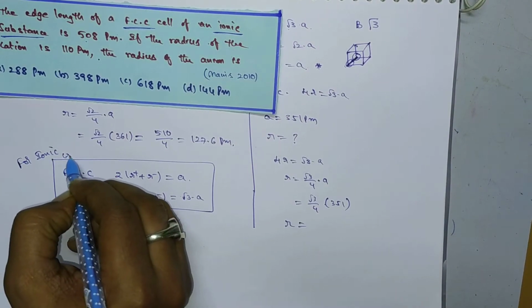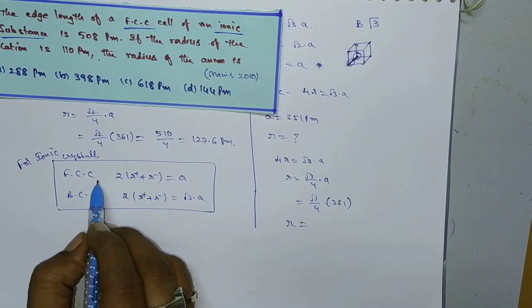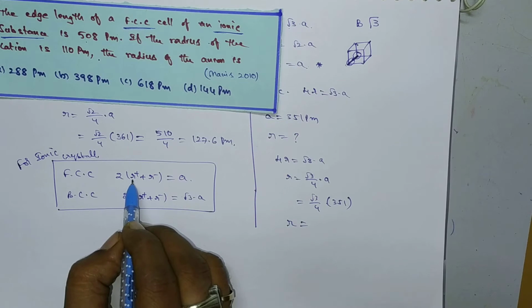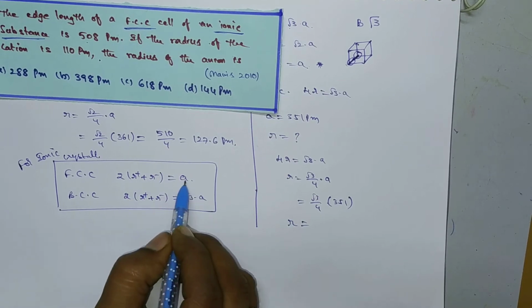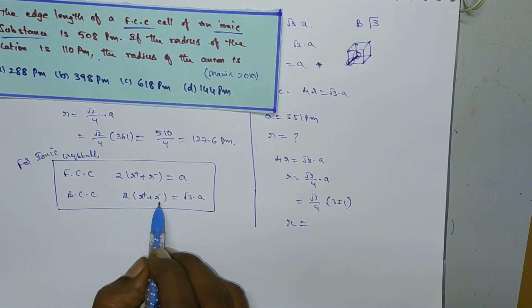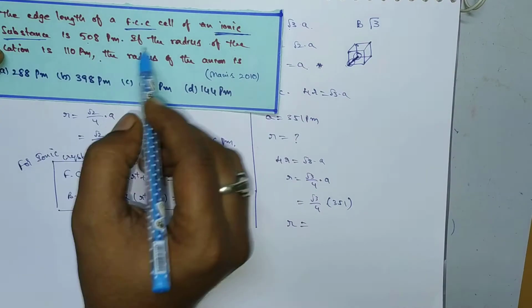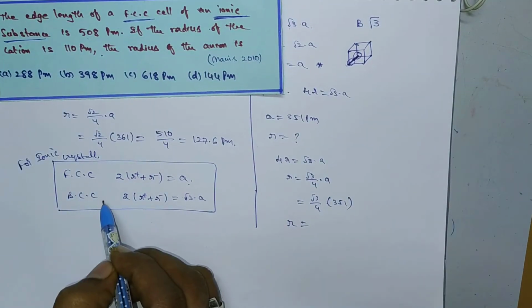So in case of ionic crystals, the relation is like this. For face centered cubic ionic crystal, 2 into radius of cation plus radius of anion equals edge length. For BCC, 2 into radius of cation plus anion equals root 3a. Since this is an ionic crystal, we select these formulas.